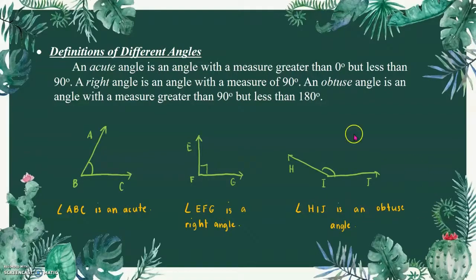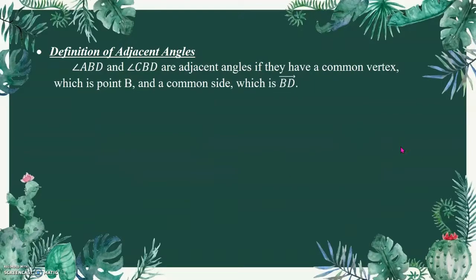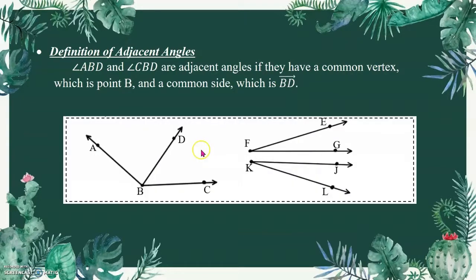Now let's proceed. Definition of adjacent angles. If angle ABD and angle CBD are adjacent angles, then they have a common vertex, which is point B, and the common side, which is ray BD. To illustrate, we have this one.